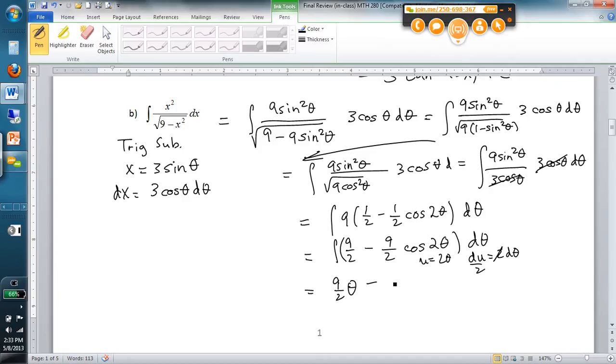So that will be 9/2 times 1/2 cosine of u, which gives sine of u, which is sine of 2 theta, plus c. Which is a pretty good answer, but it's not the final answer. What are we going to need to do there?